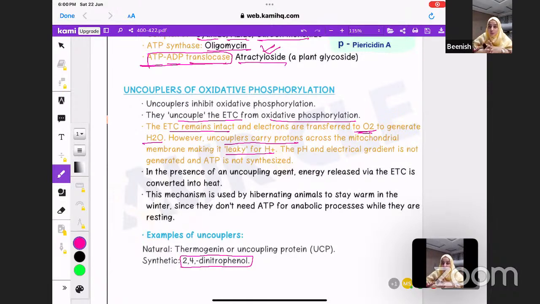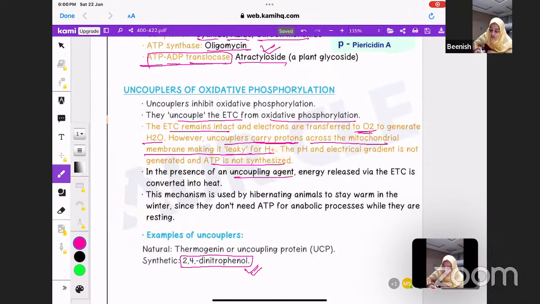So in short, it is dissipating the potential gradient that has been generated. Uncouplers, just like 2,4-DNP, carry protons across the mitochondrial membrane, making it leaky. So they dissipate the gradient, and therefore ATP is not synthesized.